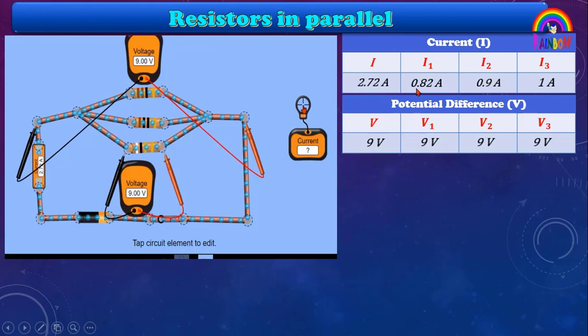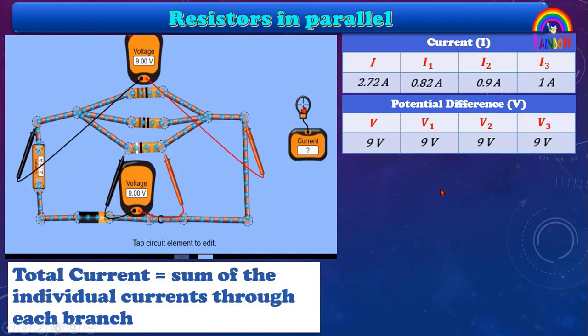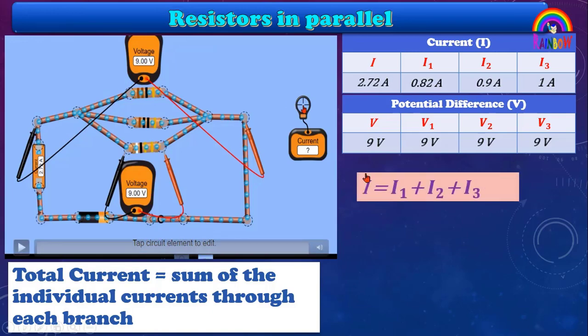If we add 0.82, 0.9 and 1 ampere, we will get 2.72 ampere. That is, the total current through the circuit is equal to the sum of the individual currents through each branch. We can write it as I is equal to I1 plus I2 plus I3.